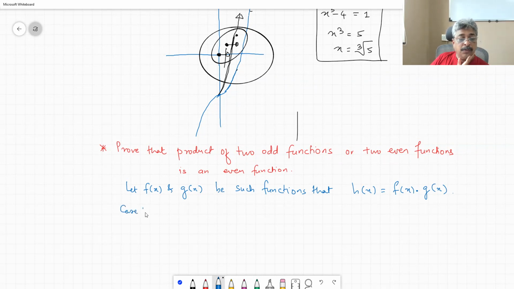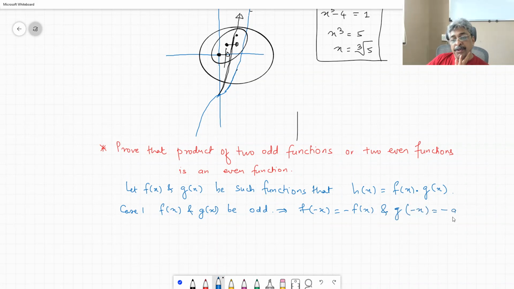Case 1, f of x and g of x are odd. This implies f of minus x is equal to minus f of x, and g of minus x is equal to minus g of x.